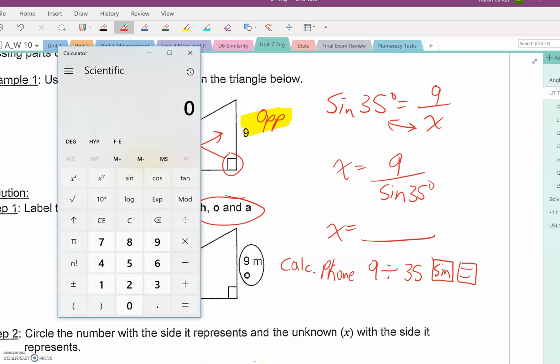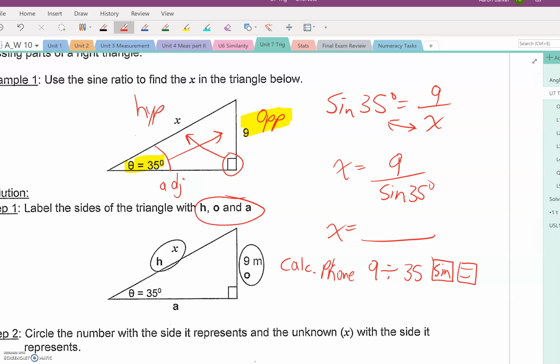So watch my calculator. I go 9 divided by 35 sine. Now that's just sine 35. That's the ratio in decimal form. I press equals, and now it does the division. And I get 15.69 or 15.7. Okay? Usually we round to one decimal, so 15.7 for our sides.